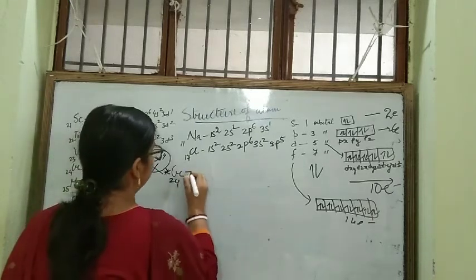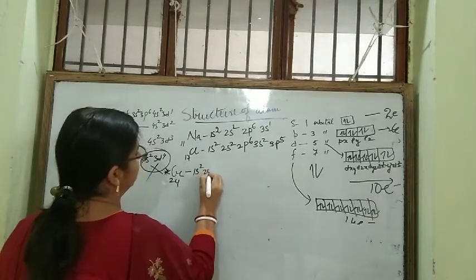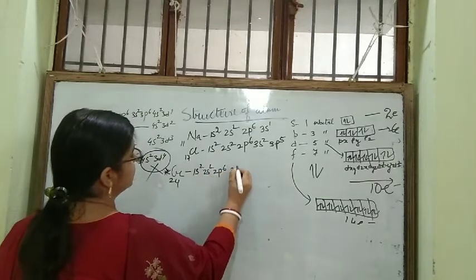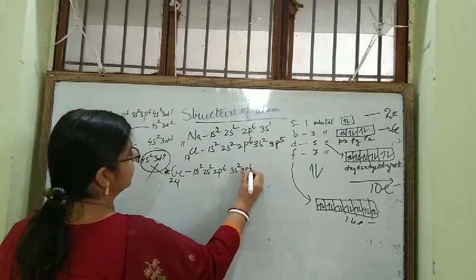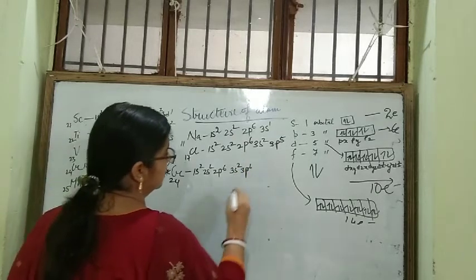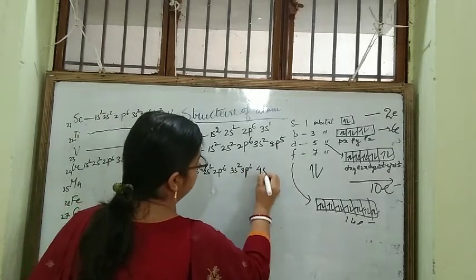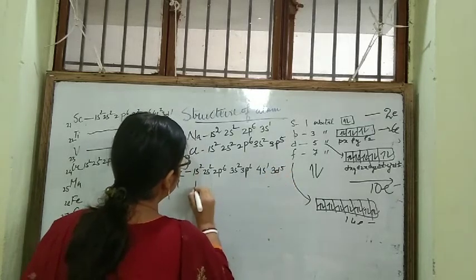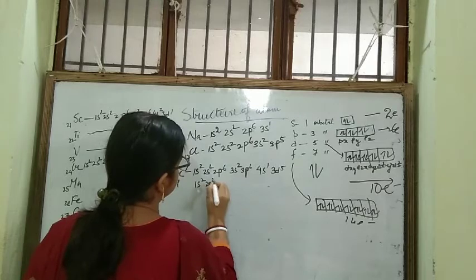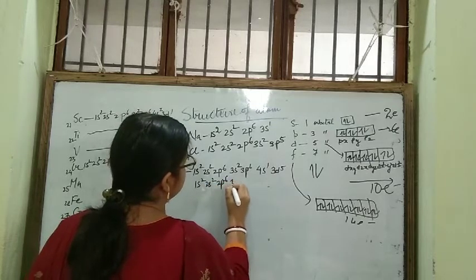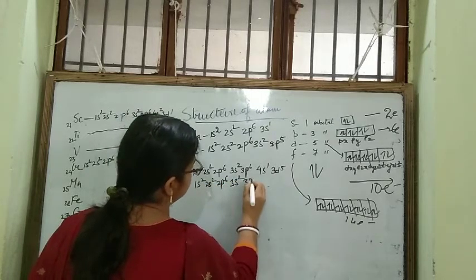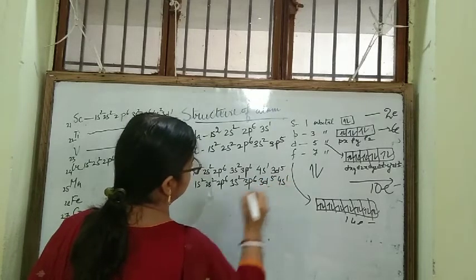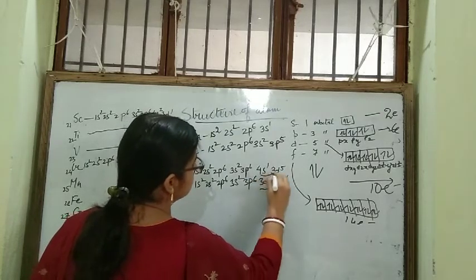You see, when we are writing about chromium, we are getting 1s2, 2s2, 2p6, 3s2, 3p6. Then its configuration will be 4s1, 3d5. Or you can write like this: 1s2, 2s2, 2p6, 3s2, 3p6, 3d5, 4s1. Both are right? Okay.